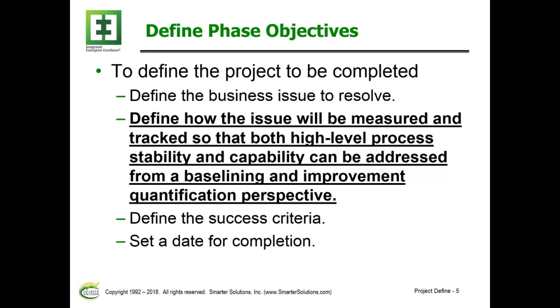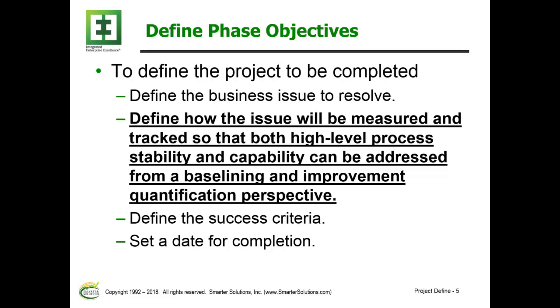Define how the issue will be measured and tracked so that both high-level process stability and capability can be addressed from a baselining and improvement quantification perspective. This particular item is very important. However, I've seen that many projects, articles, and so on that are written about Lean Six Sigma projects do not include this.